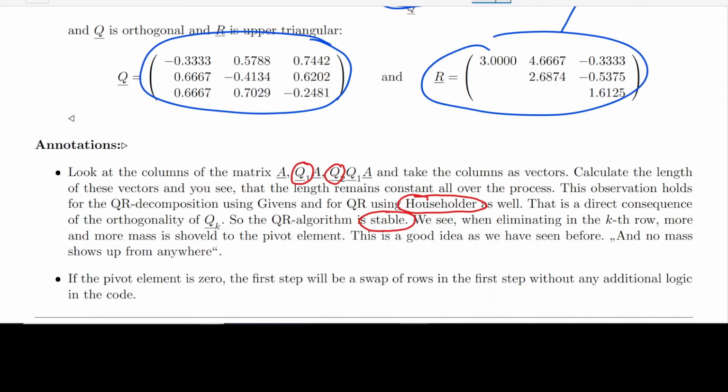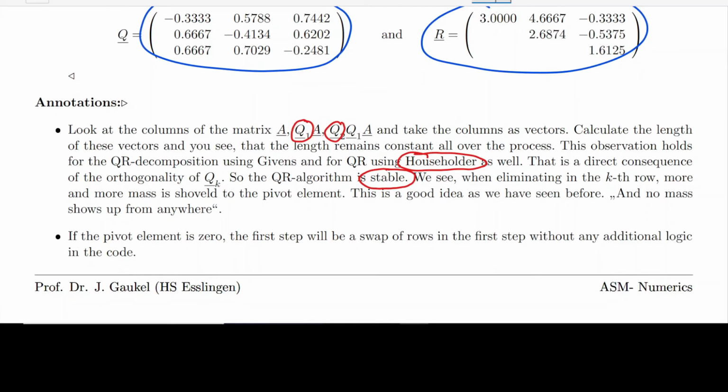Okay, we want to program that. Then what can happen if one element S or T is 0? That doesn't matter, then not so much will happen. If S is 0, then the rows will be swapped automatically by that process. And if the T is 0, then the matrix we introduce is the identity matrix and nothing happens.